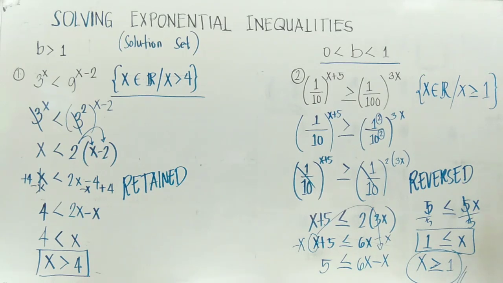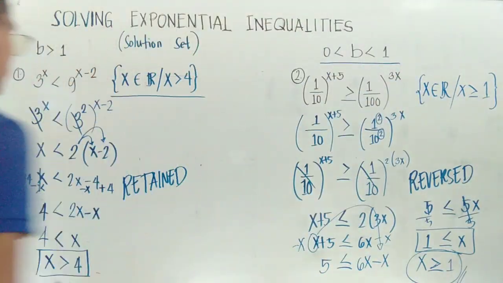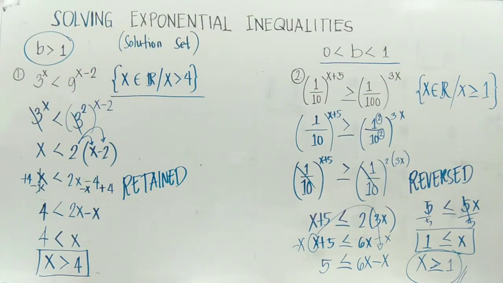Okay, I guess that we are clear on both examples. Again, using the property, when we are dealing with the basis or whole numbers, mostly greater than 1, the inequality symbol will remain or retain. Okay?